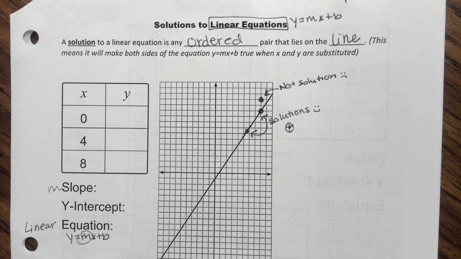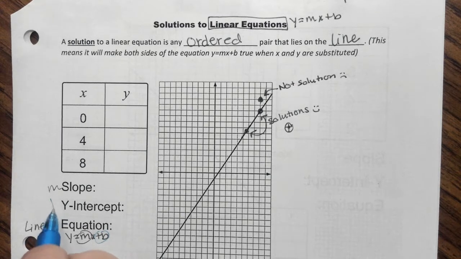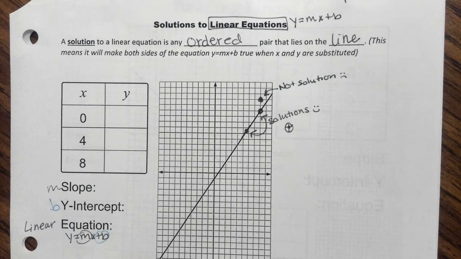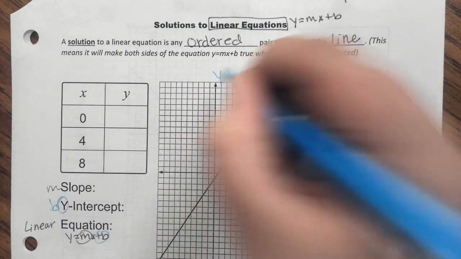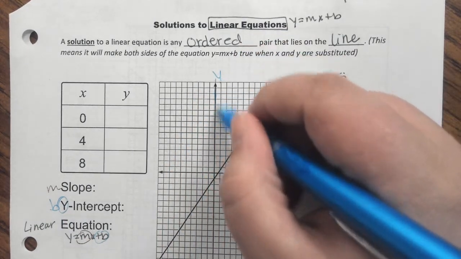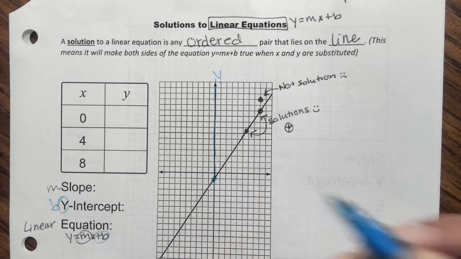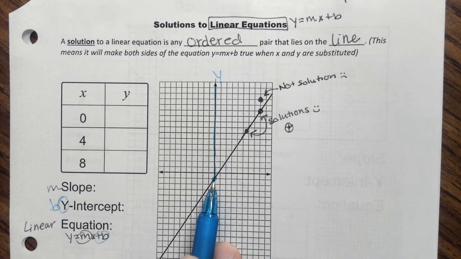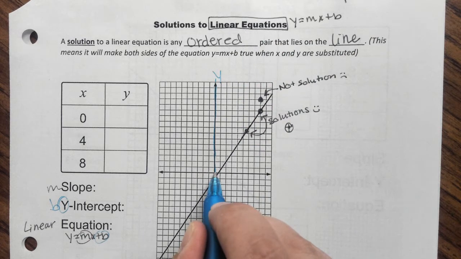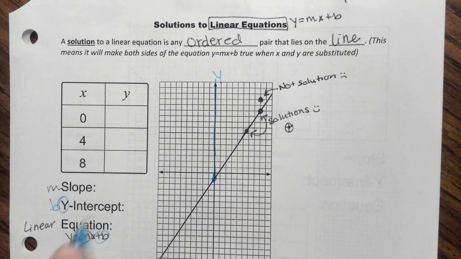And b is the y-intercept. To find the y-intercept, we're tracing the y-axis until we're on the line, which is right here. Now that y value, this is 0, is down 1, so that y value is negative 1.